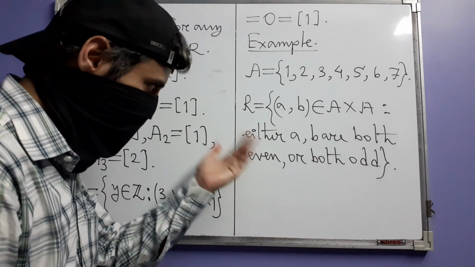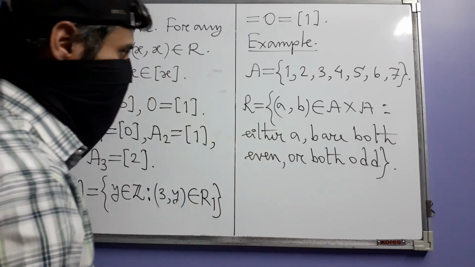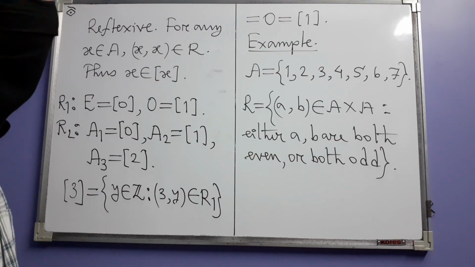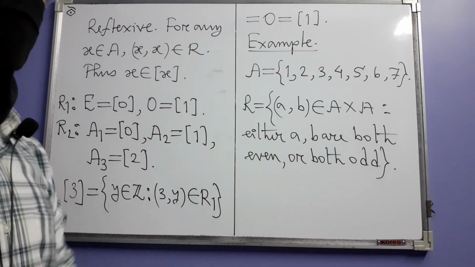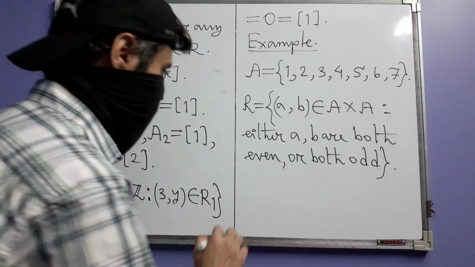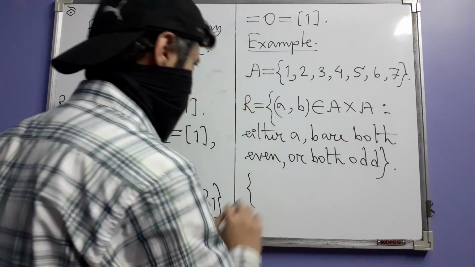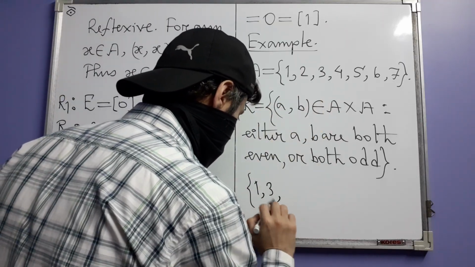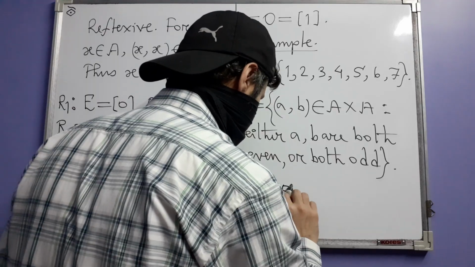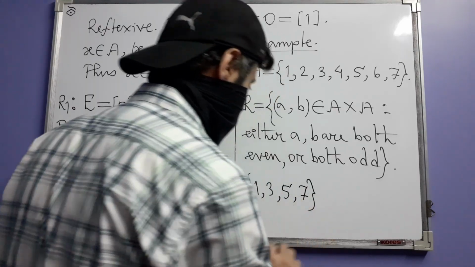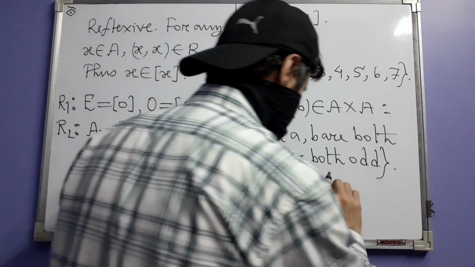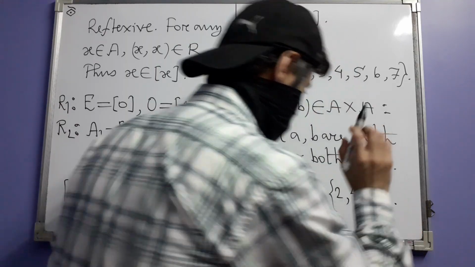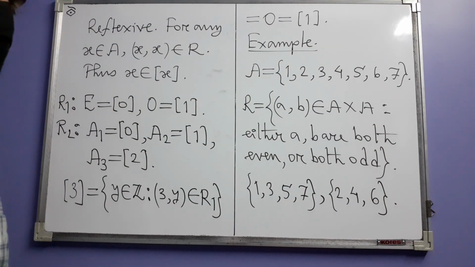That is precisely what R also does. And what will be the equivalence classes here? So just like this one, here also there will be two equivalence classes. One of them is the set of all odd integers in this set, which are 1, 3, 5, 7. And the other equivalence class consists of the even integers 2, 4 and 6.